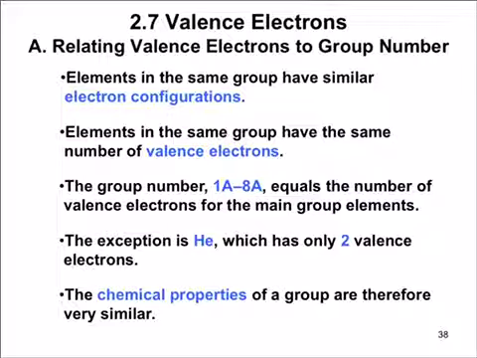And the even more fun part about this is for our main group elements, remember our A's, group 1A through 8A, the number of the column is the same as the number of valence electrons, except for helium, which has only got 2. Okay, that's the odd man out. This is because, as we've talked about, the chemical properties of a group are very similar. They have similar electron configurations, and they have the same number of valence electrons.